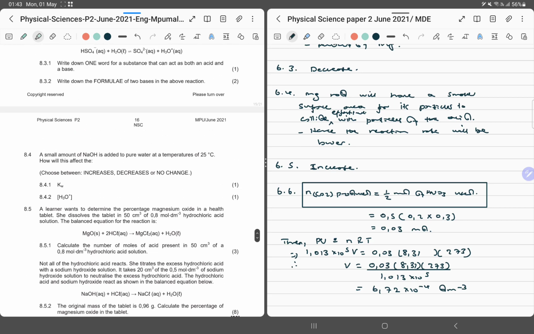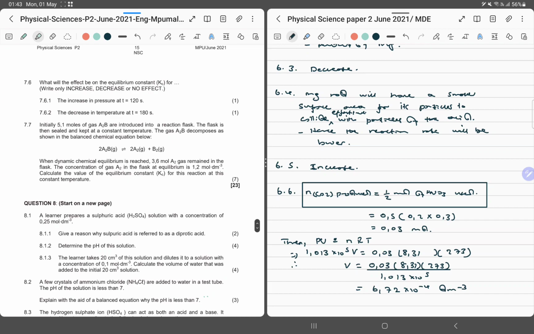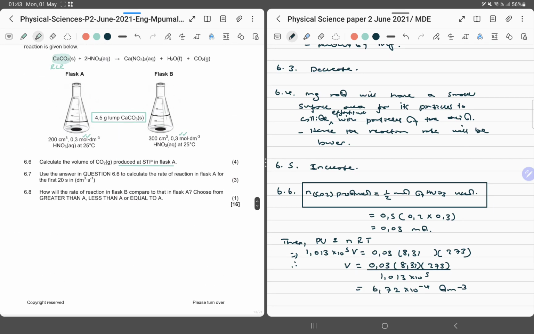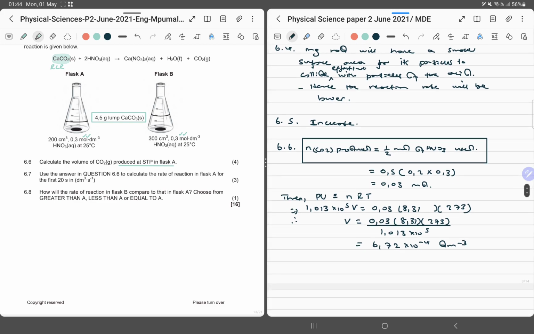And then maybe the trick is that we need to convert that to decimeter cubed. But anyway, guys, it's a very simple calculation. I could be wrong. It's not per decimeter cubed, but it's decimeter cubed per mole.